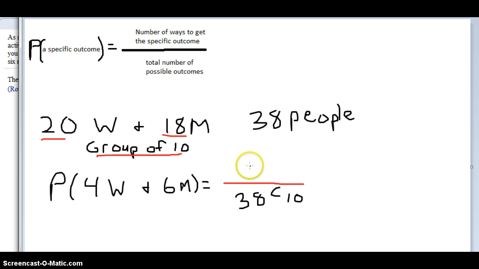Now what do we have to do on top? Well, before we do that, I want to just quickly rehash the fundamental counting principle. I think you've probably seen the example. If you had 3 shirts, let's say 2 pairs of pants, and 4 hats, how many different outfits can you make?